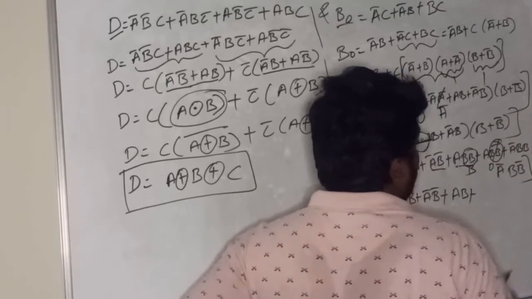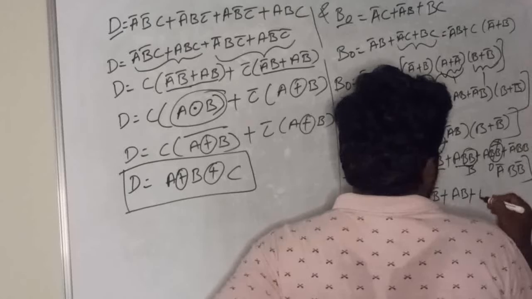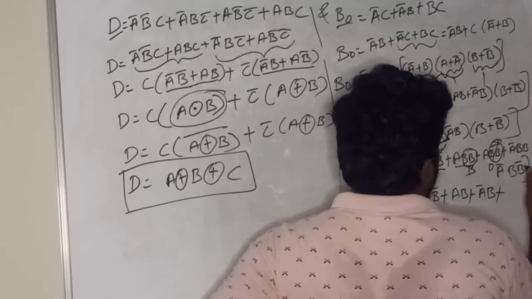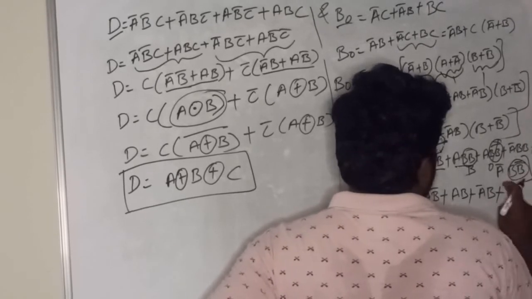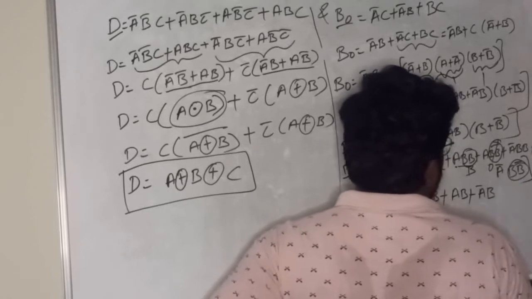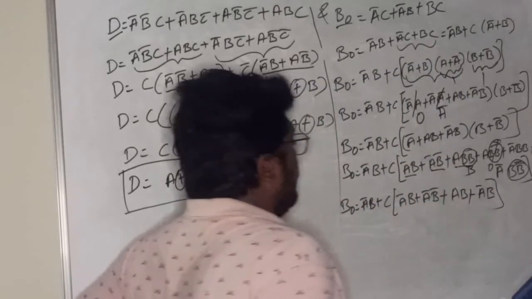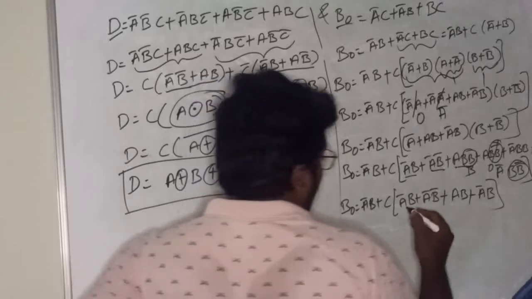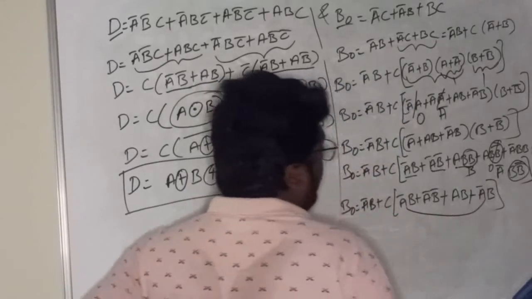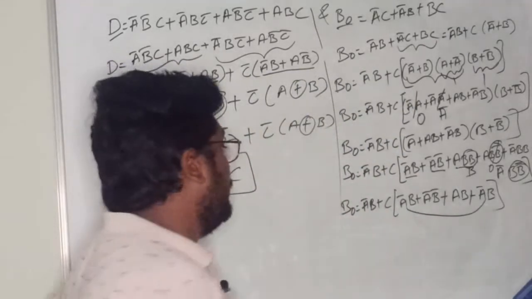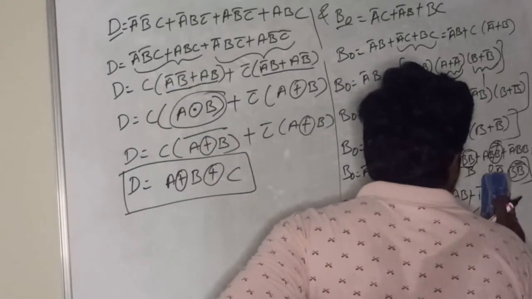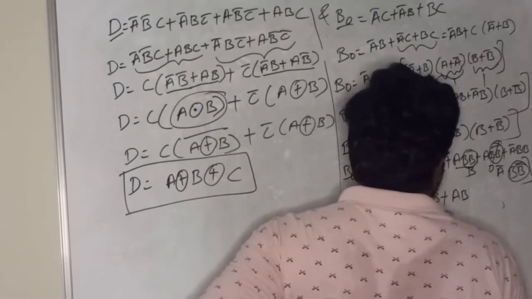So I am eliminating that term. Next one is A complement B plus B into B complement is 0, so I am eliminating that term also. If you observe here, you have A complement B two times, so I am representing it once, and erasing the other one.